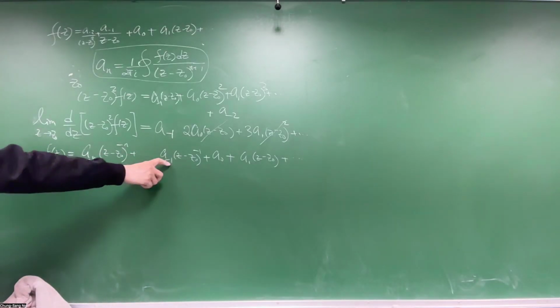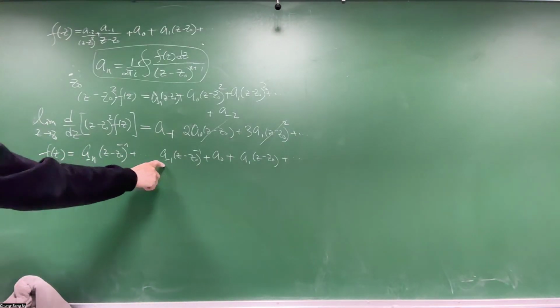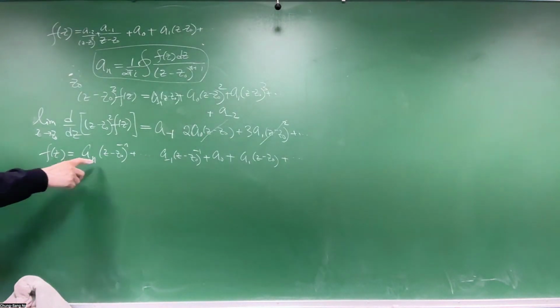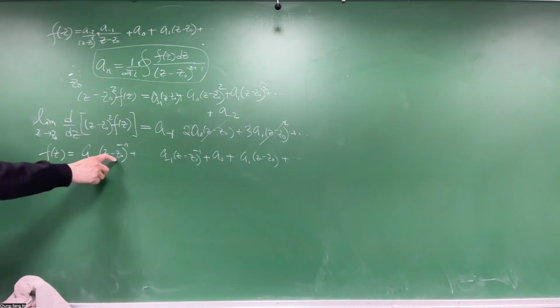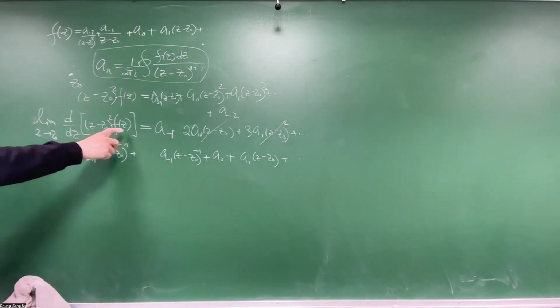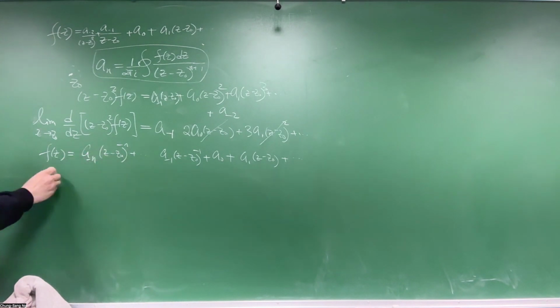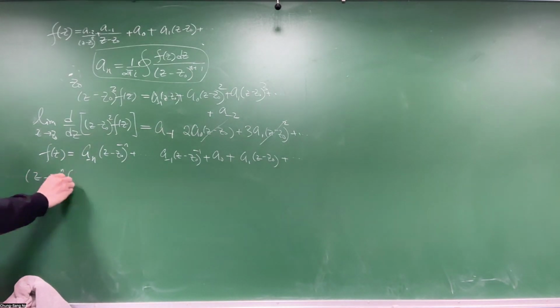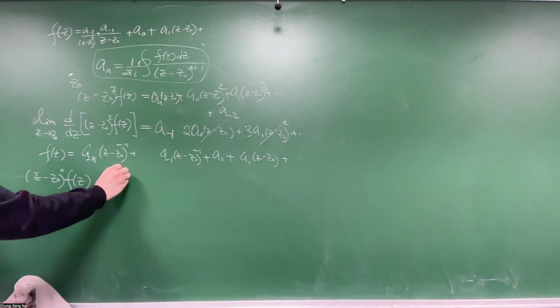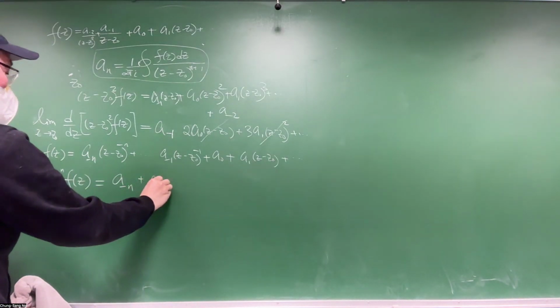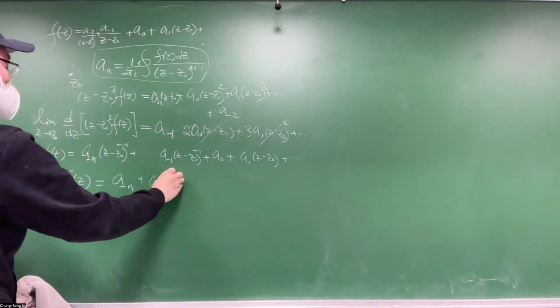Then to get a minus 1, obviously the first thing to do is to multiply by enough c minus c sub 0, so that all these, first, this becomes a constant term, c minus c sub 0 to the power n, a minus n, and then you have a minus n plus 1.